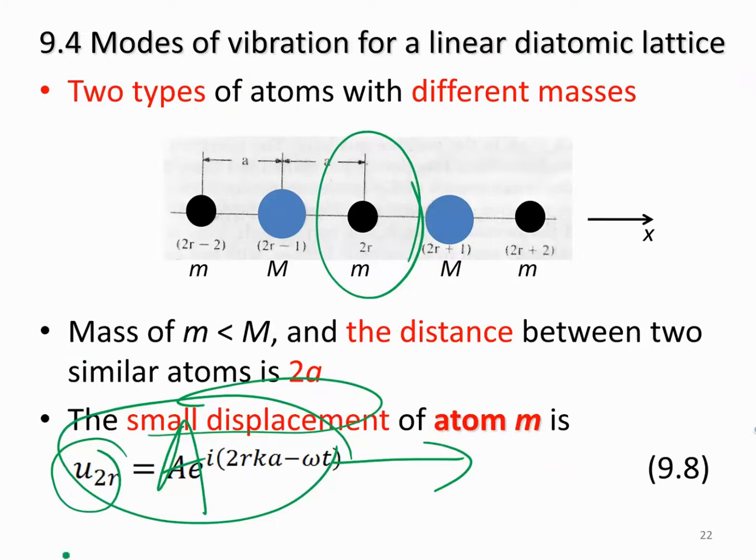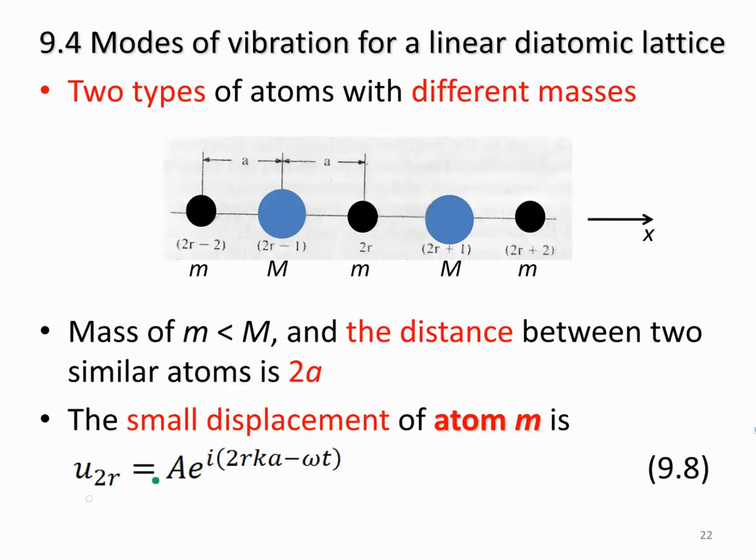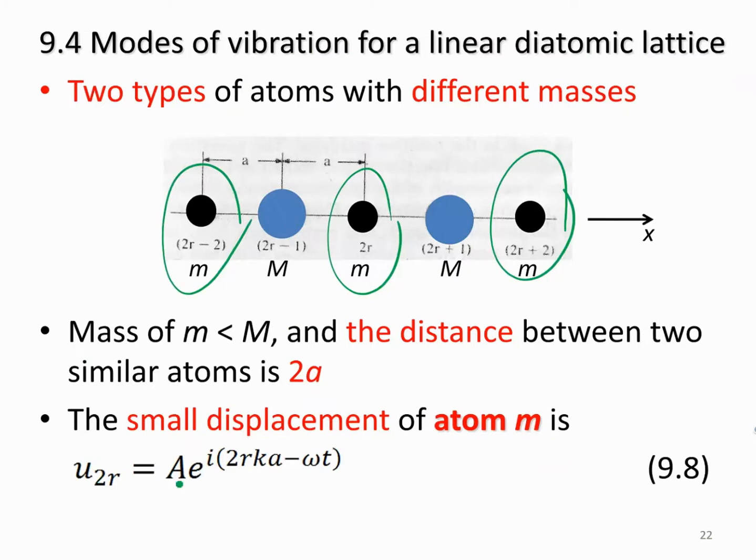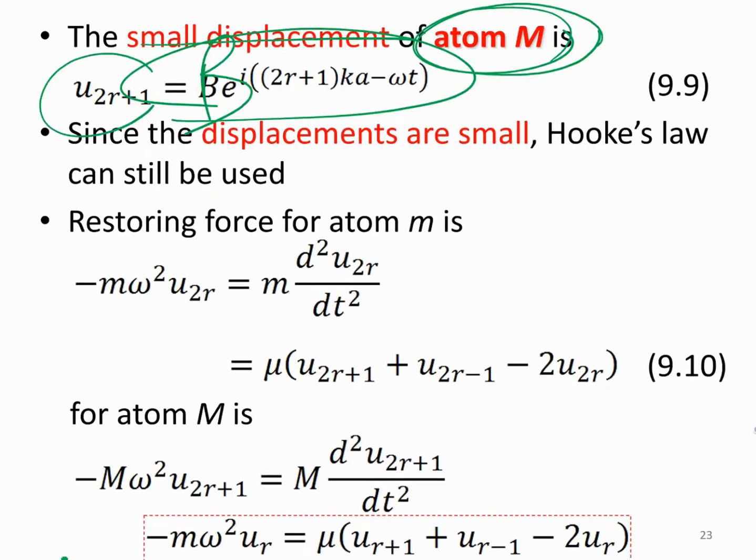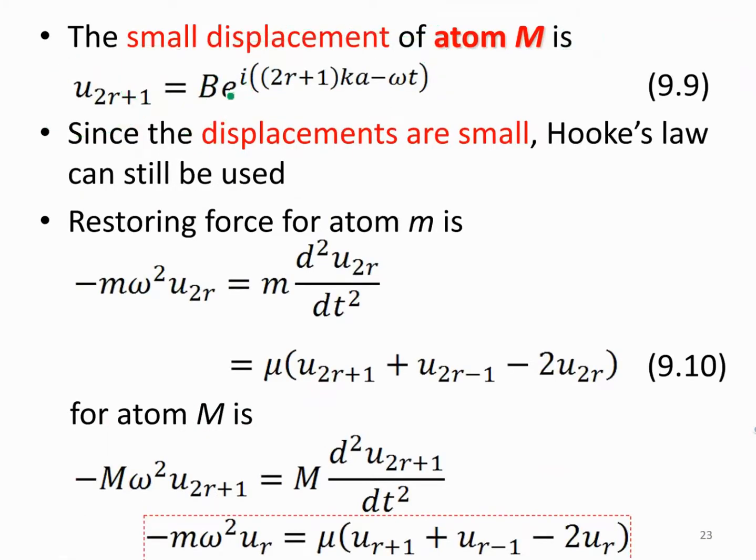So when you are referring to the lighter atom, you have to use one amplitude, and here we use A. And when you are referring to the second type of atom, here we use capital B to represent the amplitude of the heavier atom.